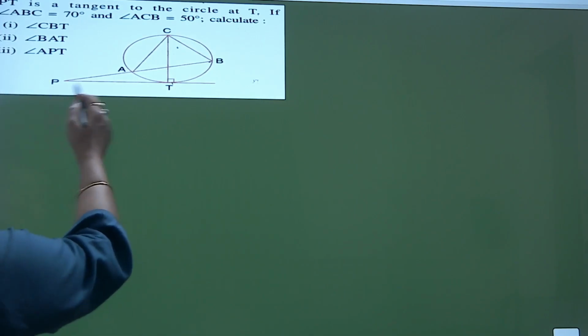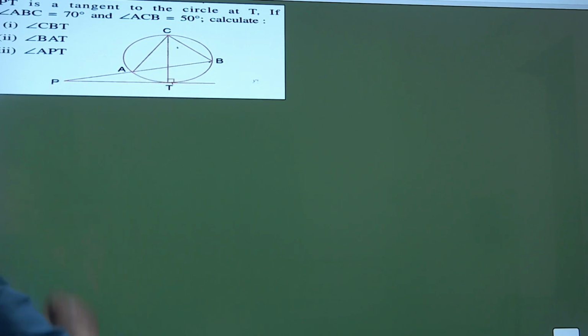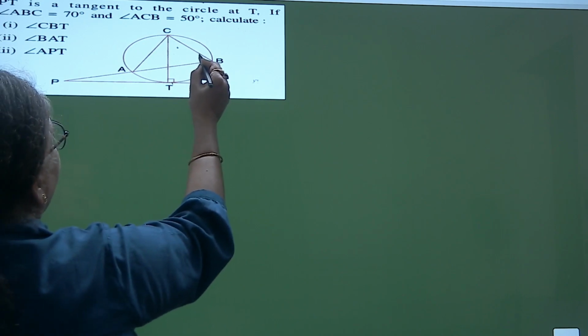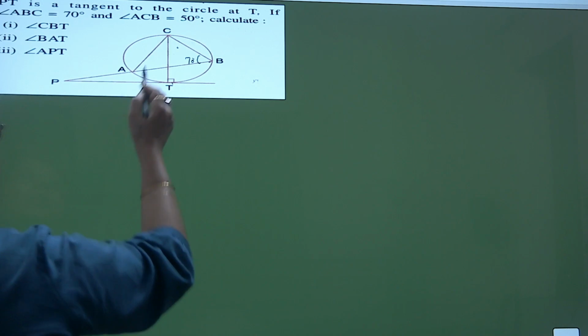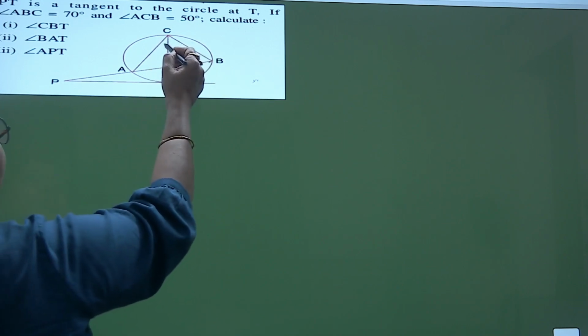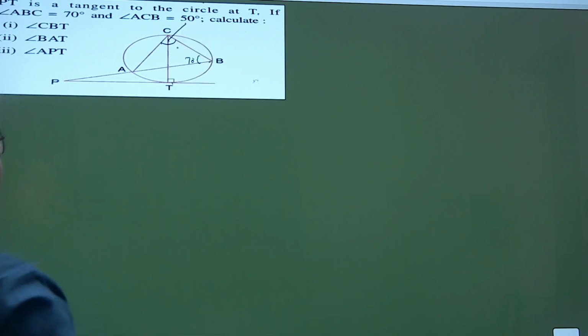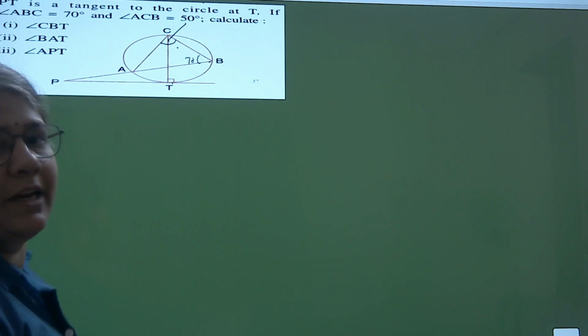PT is a tangent to a circle at T. If angle ABC is given as 70 degrees, and angle ACB, this whole angle, is 50 degrees, then we have to calculate angle CBT.